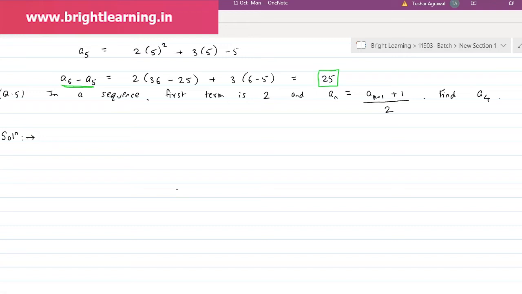What's the answer? 903.5. No, it is wrong. Here I should just write a_n is equal to a_(n-1) plus 1 upon 2, for n greater than 1.